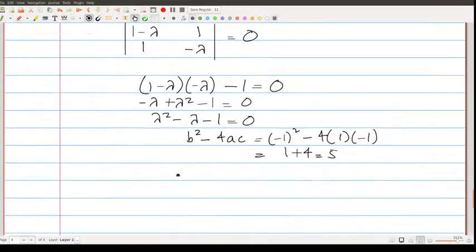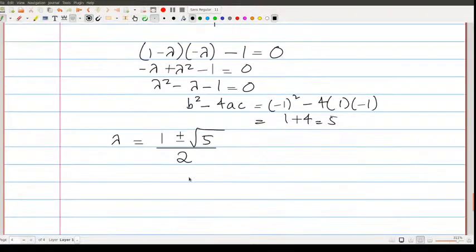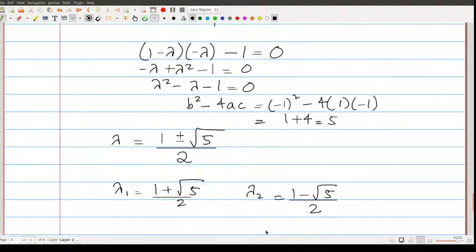And so my lambdas, using the quadratic formula, are minus b, so 1, plus or minus the square root of 5, divided by 2 times a, which is 2. So my first eigenvalue is (1 plus square root 5) over 2, and my second eigenvalue is (1 minus square root 5) over 2. Okay, so that's the easy part.